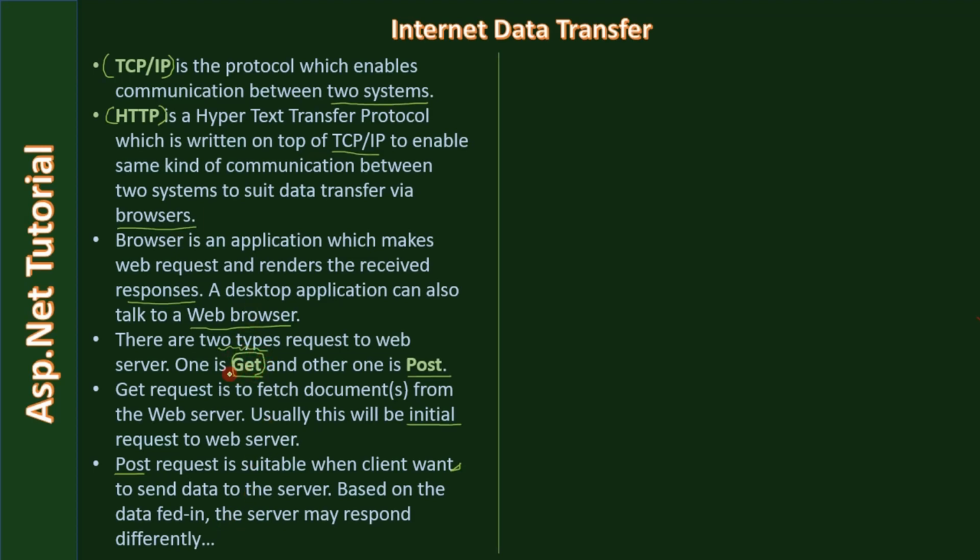It doesn't matter how many times the web browser makes a GET request, the server response will be the same. But in a POST request, the browser makes the request in such a way that it sends some parameters, and based on the data fed in, the server may respond differently.